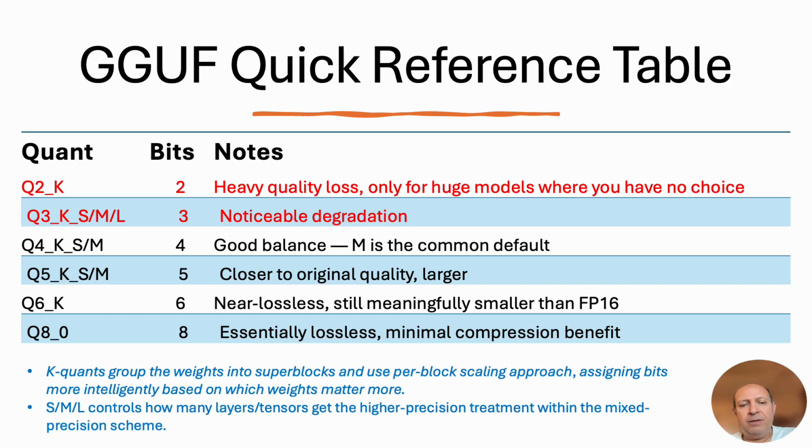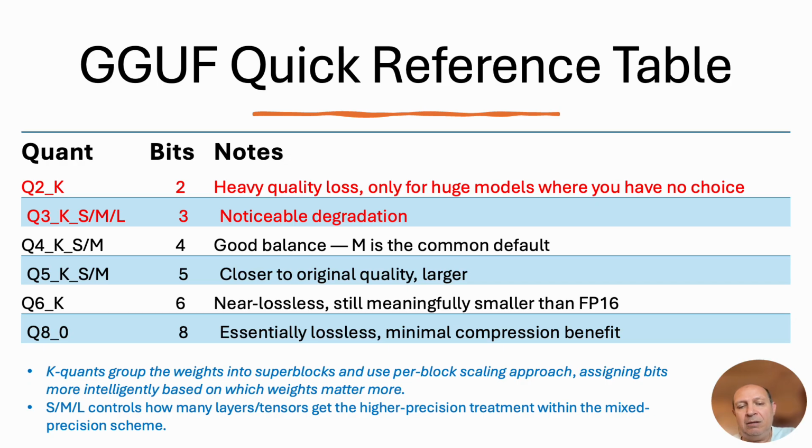With Q4, things start to get better. This is where we can achieve a good balance between file size and good quality with the quantization of 4 bits. With Q5, the quality gets even better and is very close to the original quality, and can support larger models. With Q6, this is almost lossless. The quality is even better.